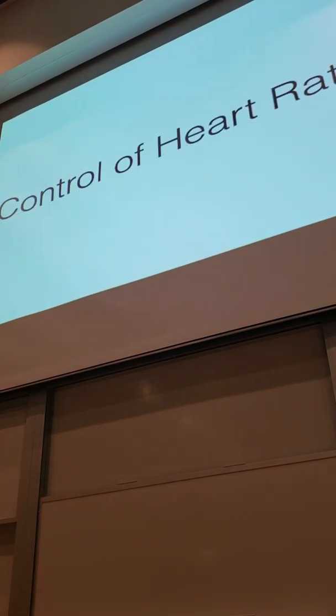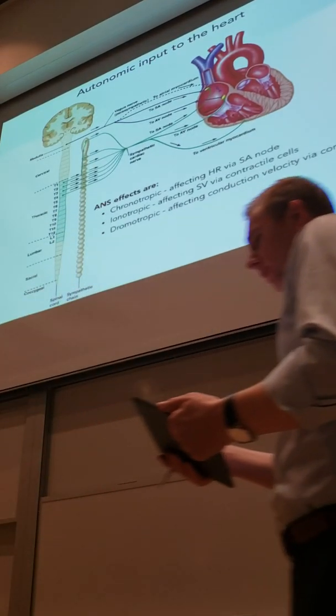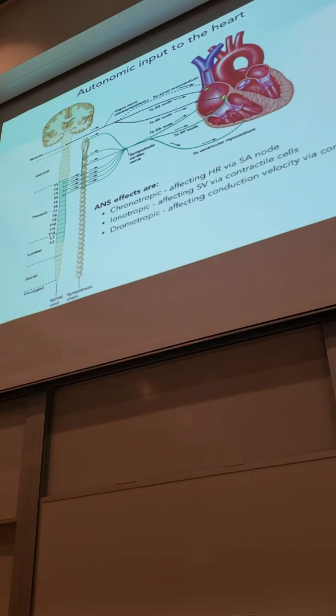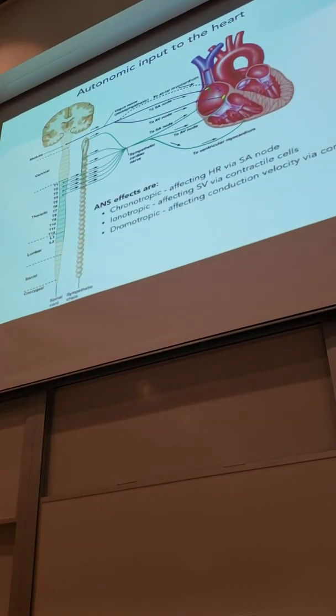So, we understand that stroke volume and heart rate contribute to cardiac output. We're going to take a look here at some of the things that affect the heart, and mostly what we're going to be talking about is the autonomic nervous system. You have the sympathetic nervous system, which is represented here in green, and then the parasympathetic, which is represented in purple.